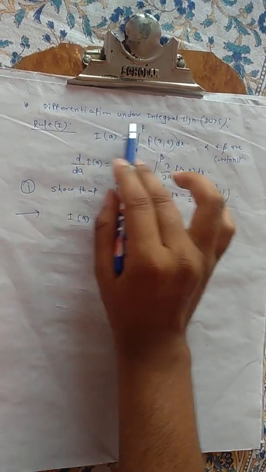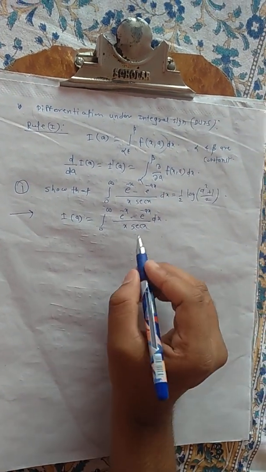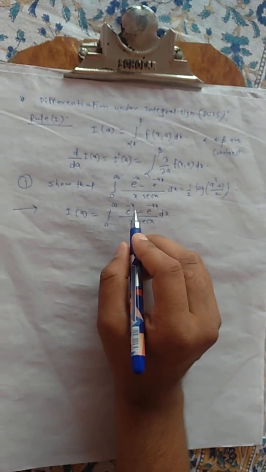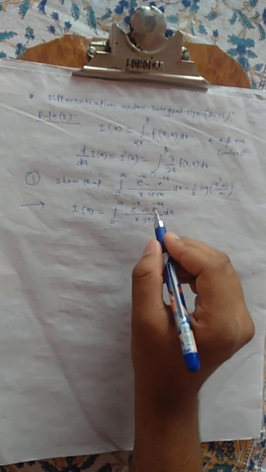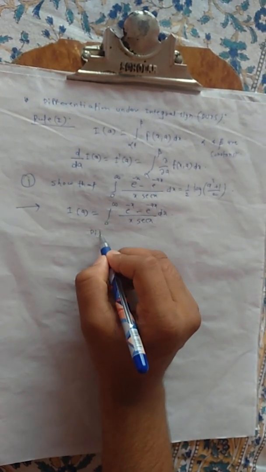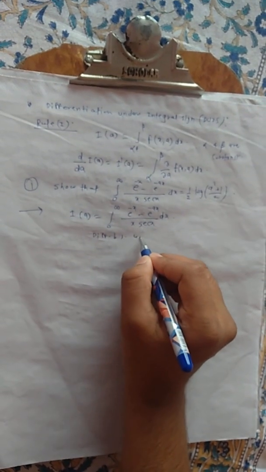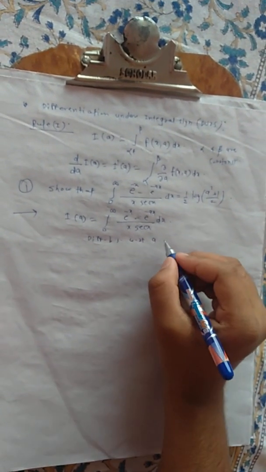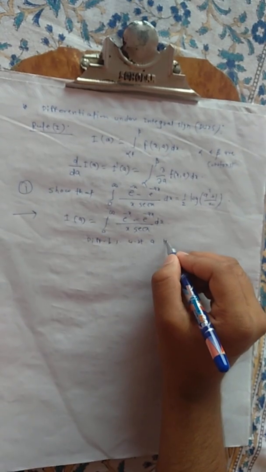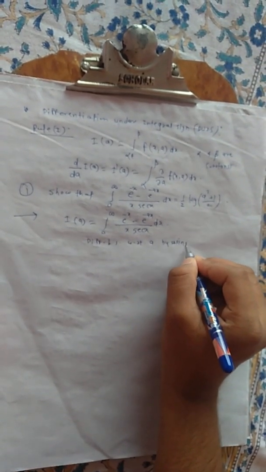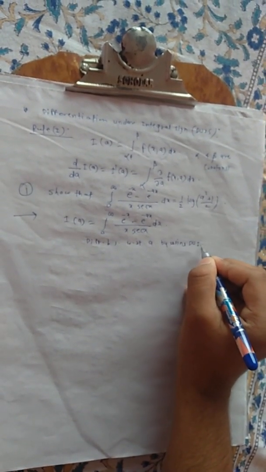So by default we have to use the differentiation under the integral sign. Let us see how that works. Differentiating both the sides with respect to a by using differentiation under the integral sign, DUIS.